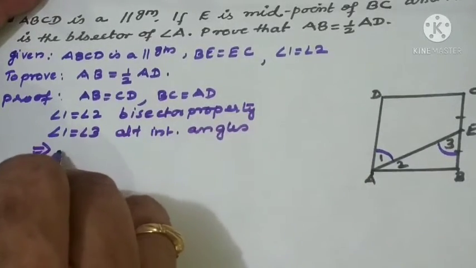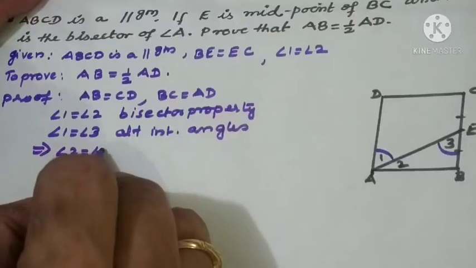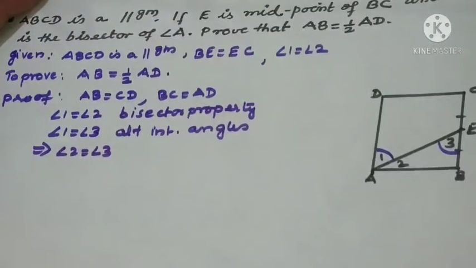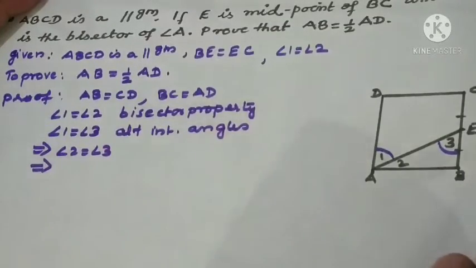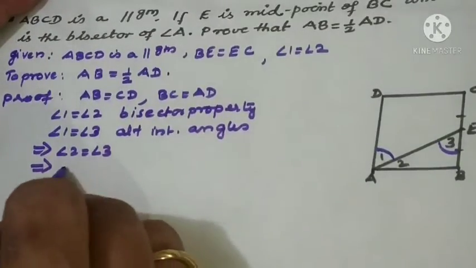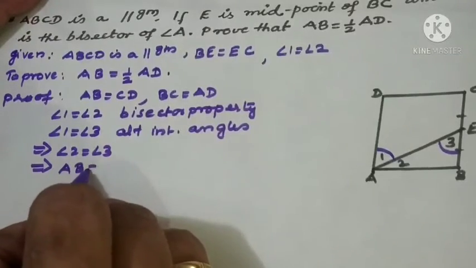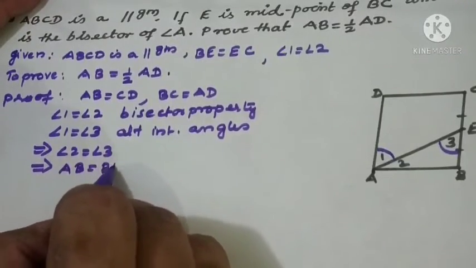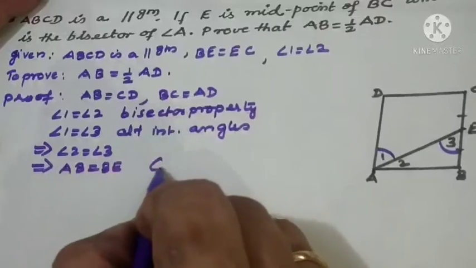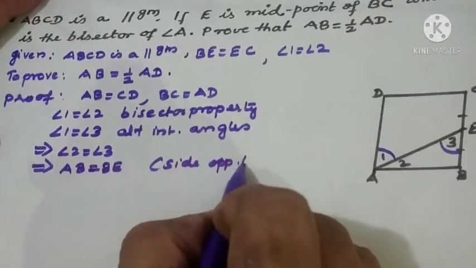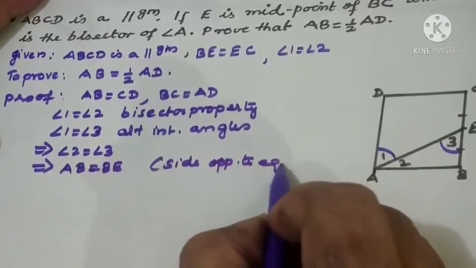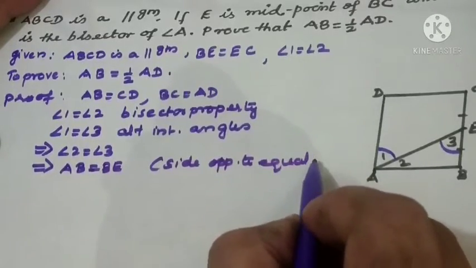Implies angle 2 equal to angle 3, right? Now angle 2 and 3 are in one triangle only, that is ABE. So 3 opposite side is AB and 2 opposite side is BE. Means side opposite to equal angles are equal.